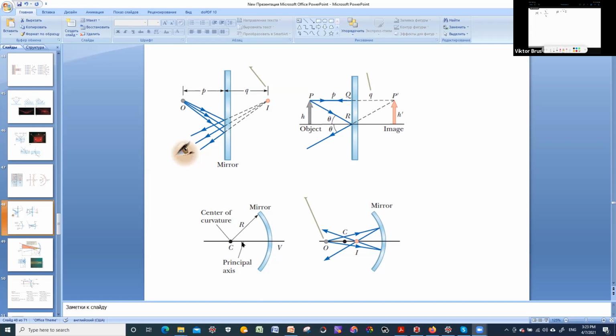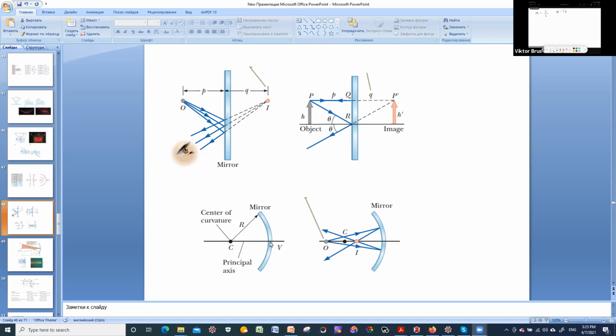This line, called the principal axis, goes through the center of the curvature of the mirror and through the center point of the mirror. This is an important feature of spherical mirrors.